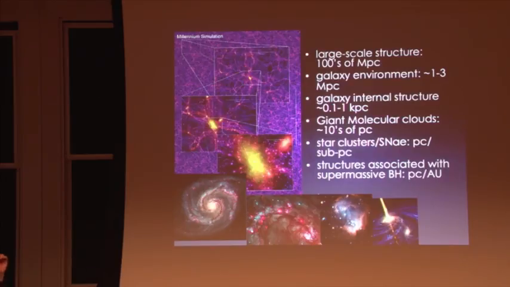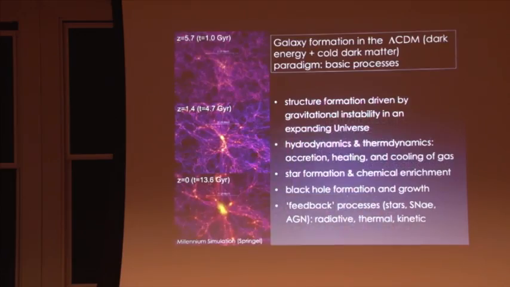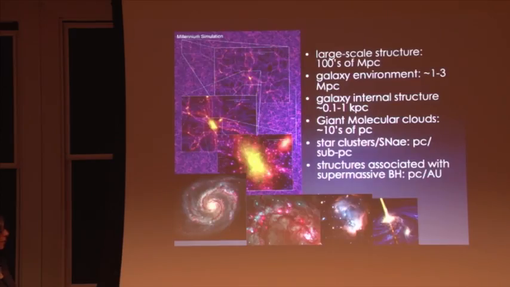So you can't just put this in your computer and do it. And in addition, this is a minimal list of physical processes, but it's certainly not a complete list. It may well be that magnetic fields or cosmic rays or turbulence, or something that I've left out here, is also critical to understanding galaxies, and for the most part we don't know how to put that into our cosmological simulations yet.